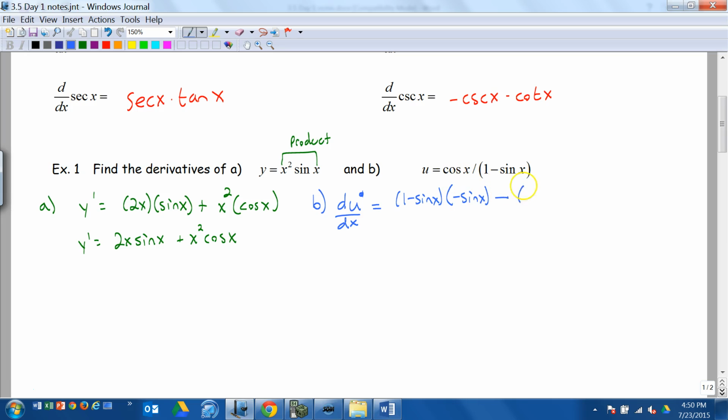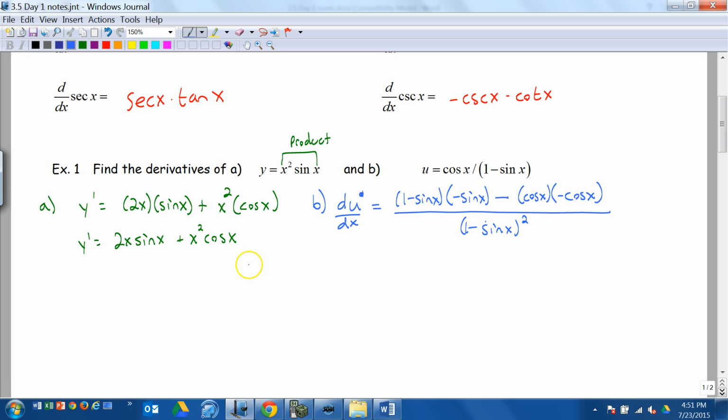minus cosine of x times the derivative of this. The derivative of 1 is 0. The derivative of negative sine of x becomes negative cosine of x because the derivative of sine of x is cosine of x. So negative cosine of x, all over 1 minus sine x squared. Alright, let's see how this simplifies.